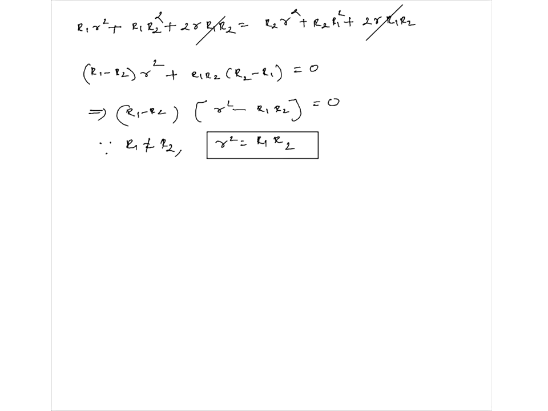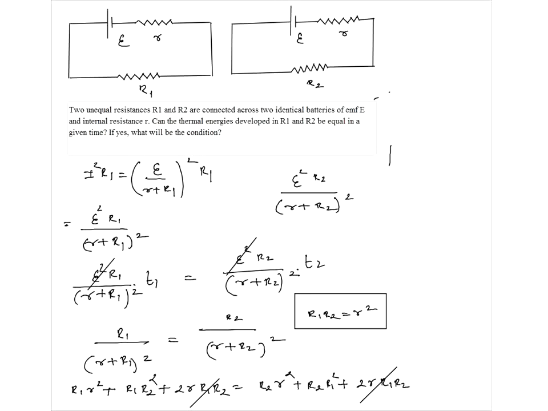Now why is that happening? Because current is changing. In the two circuits, currents are not the same. So currents are changing, but the product of I square R is not changing. I1 R1 square is equal to I2 R2 square.